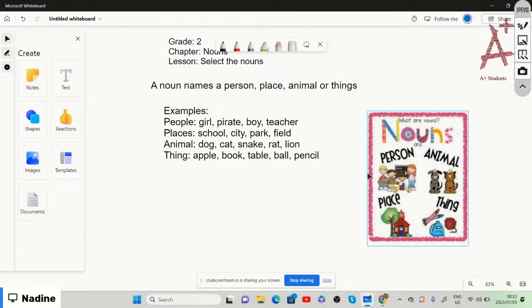Even the teacher is identified as a noun. Animals, and there we see different pictures of the animals that are identified as nouns. So dog, cat, different animals that we made mention of. Things, right? Even the fact that you have your pen in your hand, that is identified as a noun, right?